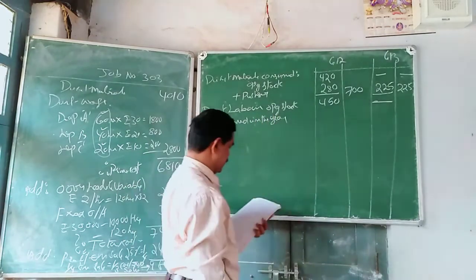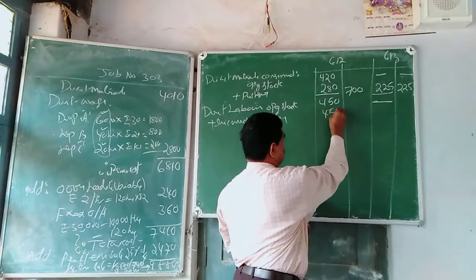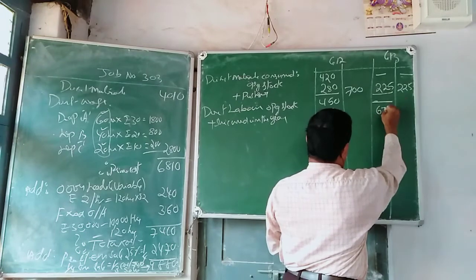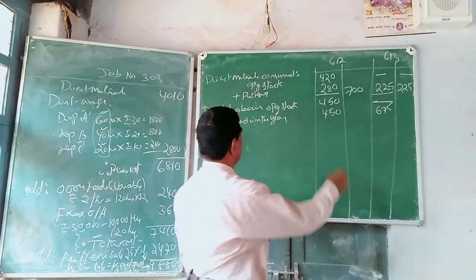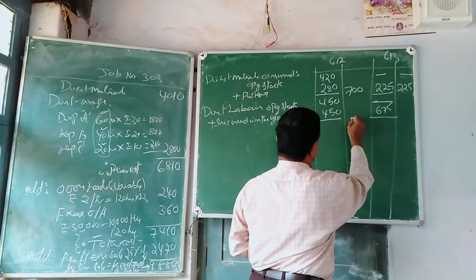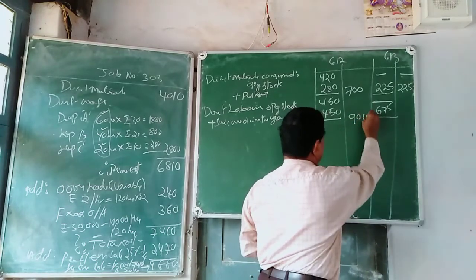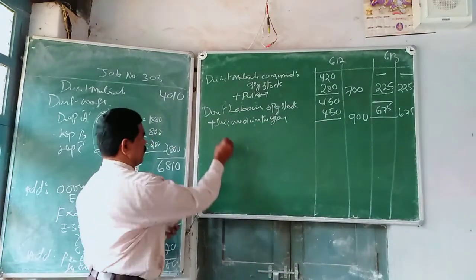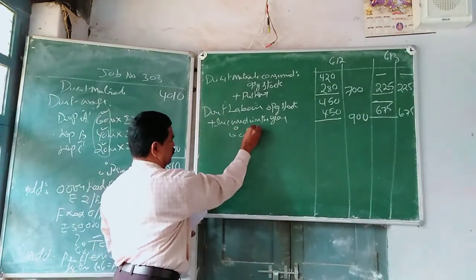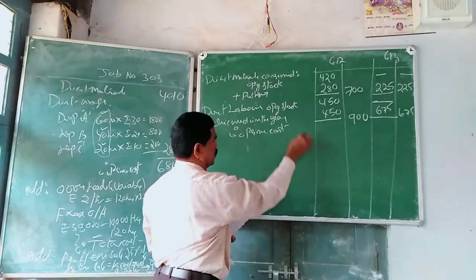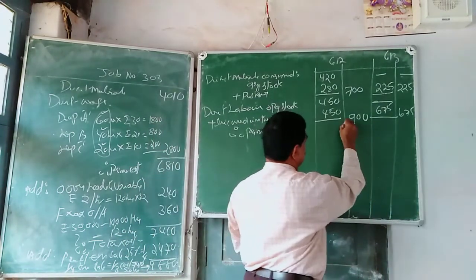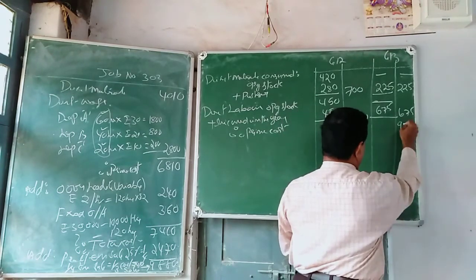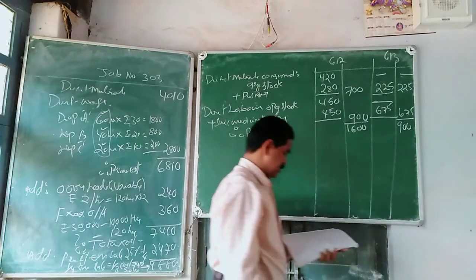Again it is 450, and here it is 675. Now we will get the total: 900 here, and 675 here. There are no direct expenses, so we will get the prime cost. Here it is 1,600, and here it is 900. So first step is over.